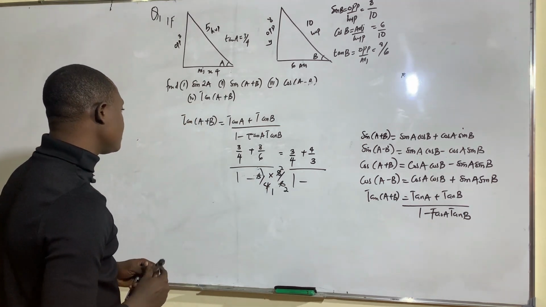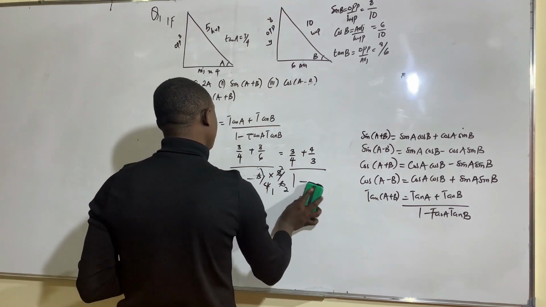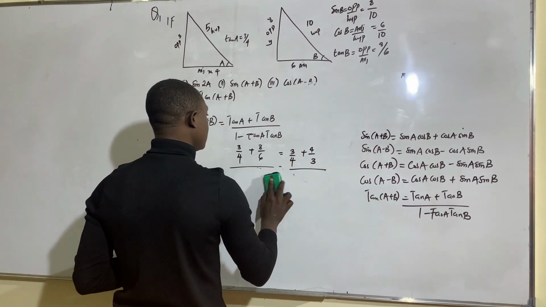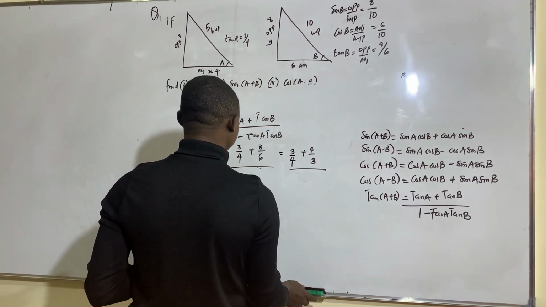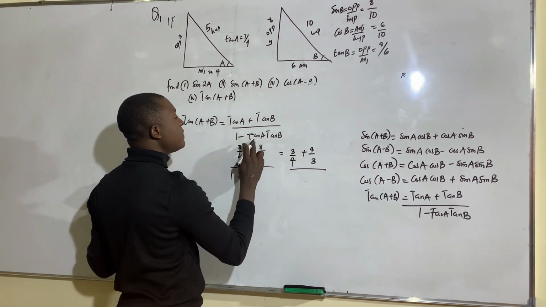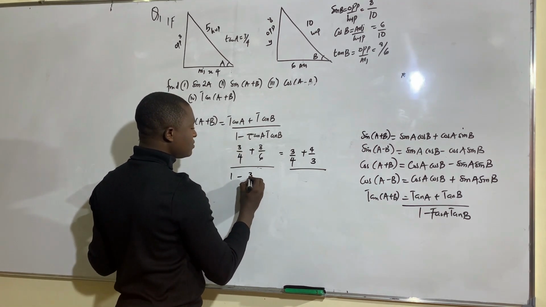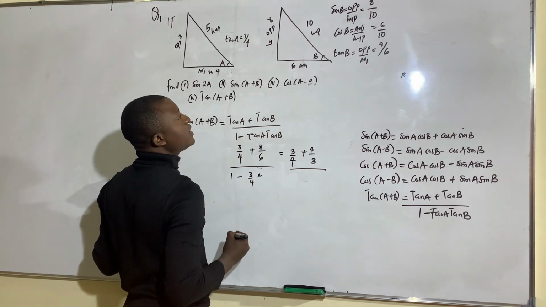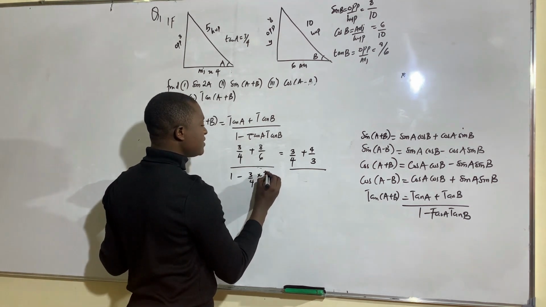So now let's see that approach. So this is 1 minus tan A, which is 3/4, multiplied by tan B, which is 8/6.